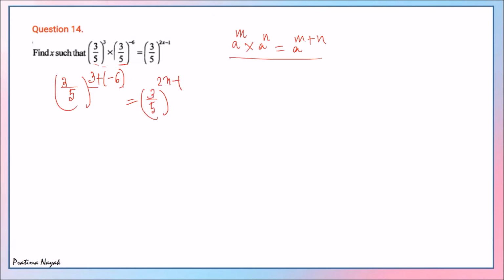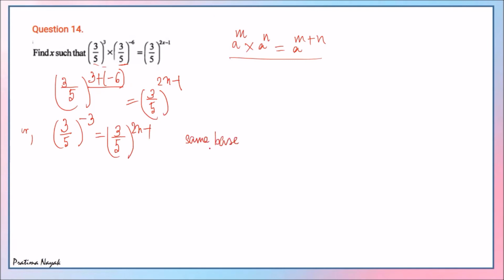Now 3 plus -6 will be -3. So we write that -3 is equal to 2x minus 1. They have the same base.